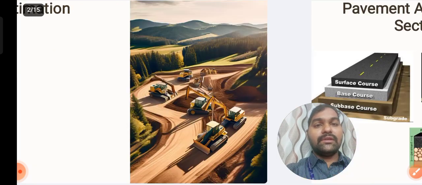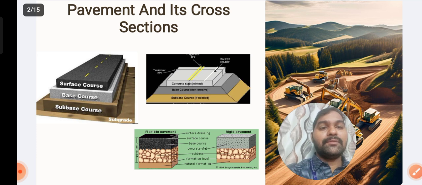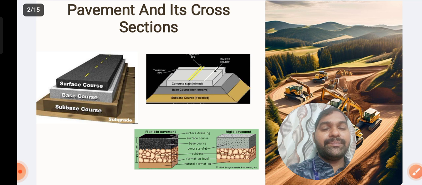So if you see here, I want to explain where the roadwork excavation is going on. There are different types of pavements here. First one is a flexible pavement, and second one is a concrete pavement, also called a rigid pavement.